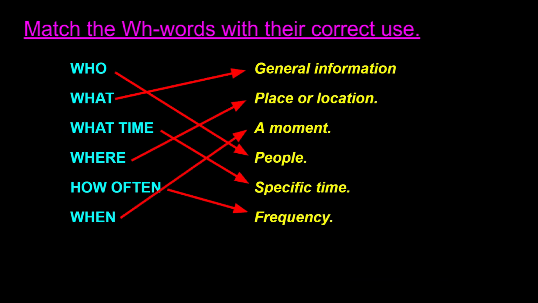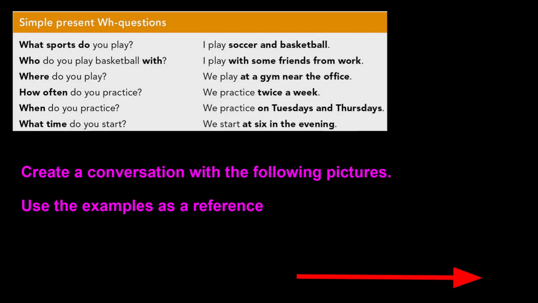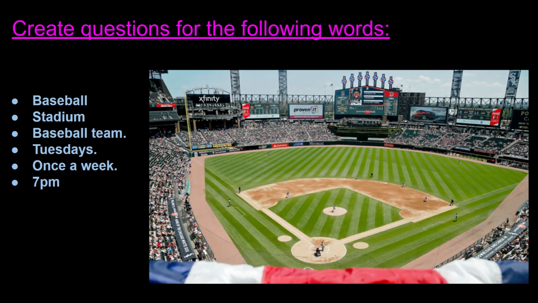So what you have to do now is that, using this paragraph, these questions and answers as a reference, I want you to create different WH questions for the following picture. And this is the one.